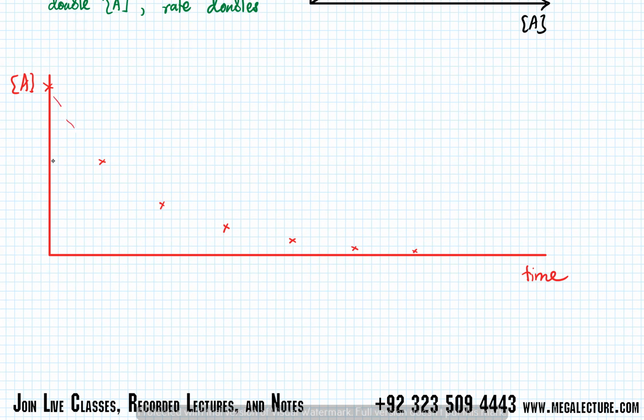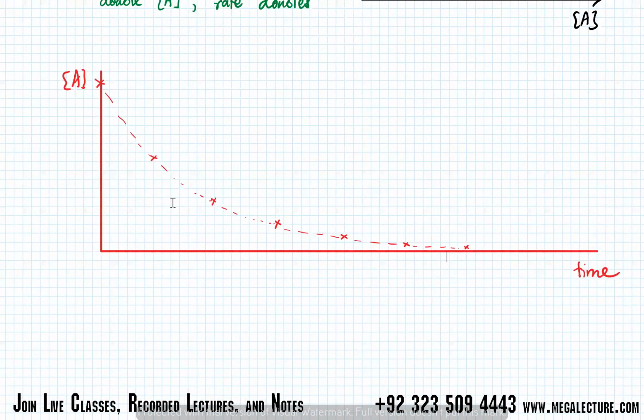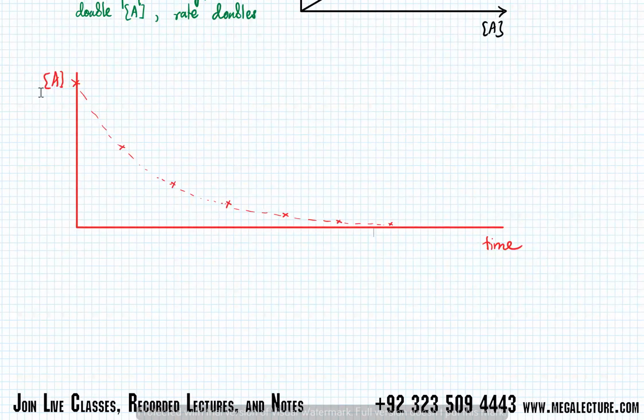So something similar to this. What this graph represents is that the reactant, as the reaction proceeds, starts to decrease and the reaction slows down because it's order 1.